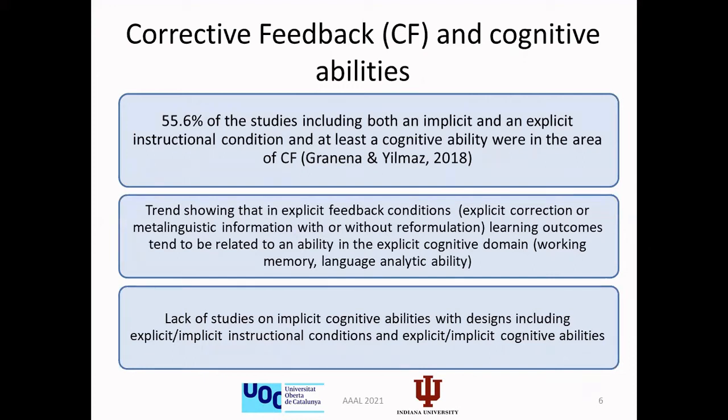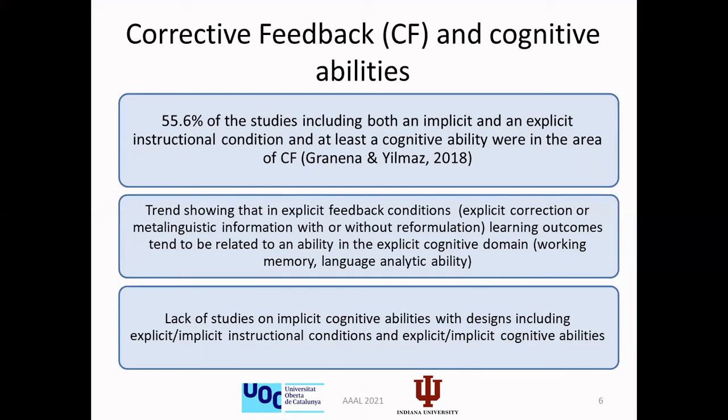The results were pretty mixed and difficult to account for given the methodological differences in the studies regarding operationalization of feedback types, measurement of cognitive variables, and target structures, but a trend that we pointed out was a relationship between learning outcomes in explicit feedback conditions, either explicit correction or metalinguistic information with or without reformulation, and an ability in the explicit cognitive domain, working memory or language analytic ability.